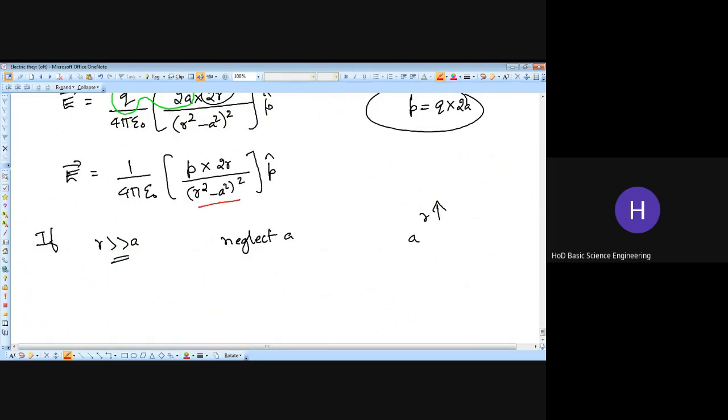(R square minus A square) whole square can be written as R square to the power 2, that is R to the power 4. Why? By neglecting A, or if you substitute A equal to 0, then you will get R to the power 4. Now you substitute this in the expression.